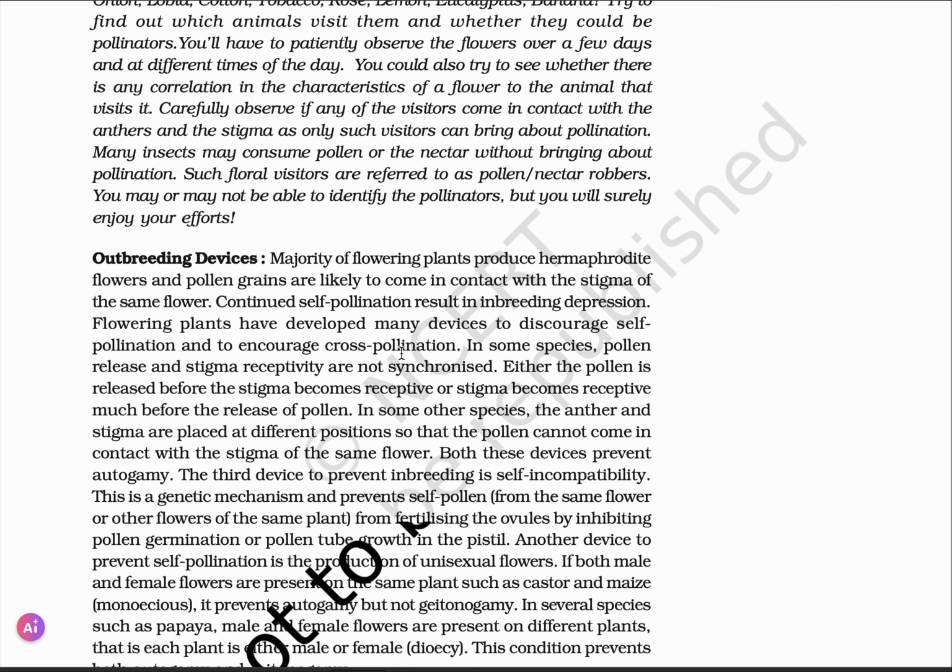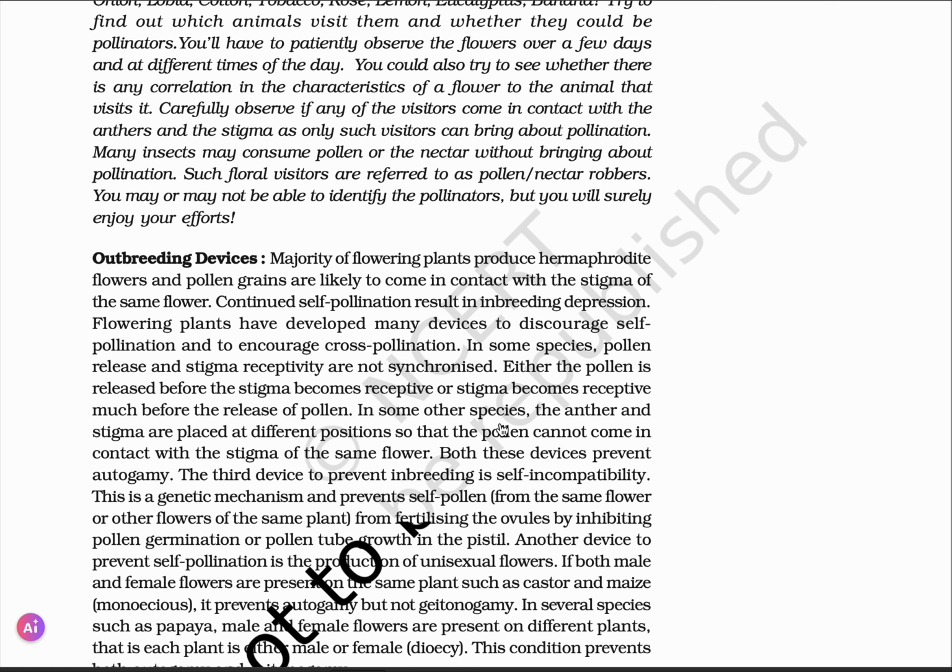In some species, pollen release and stigma receptivity are not synchronized, which means that when the pollen grain is released by the anther, the stigma is not ready to receive it; they are not simultaneous, one happens first and the other later. Either the pollen grain is released before the stigma receptivity, or the other way around.